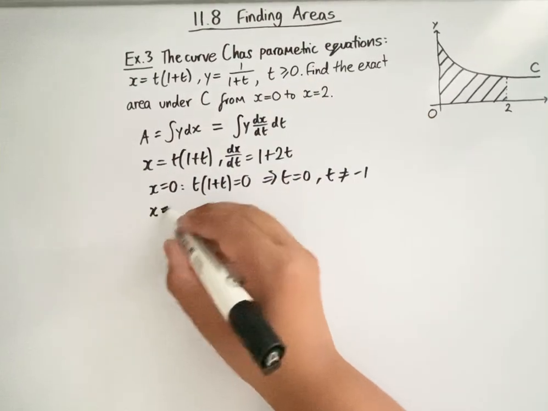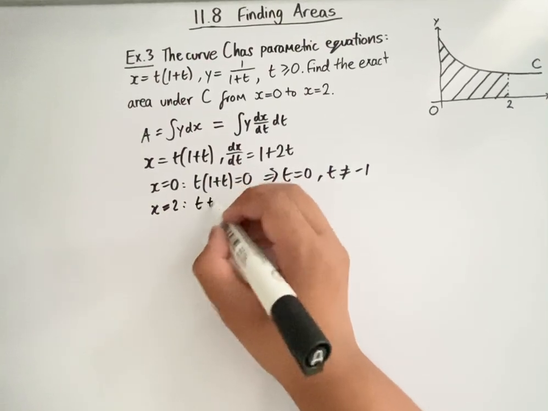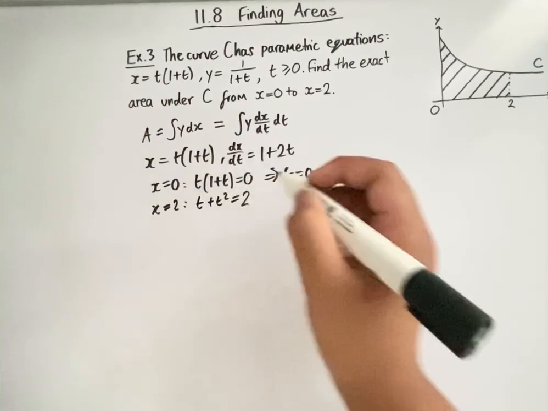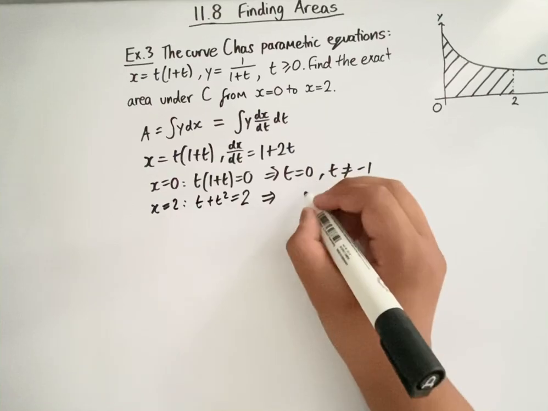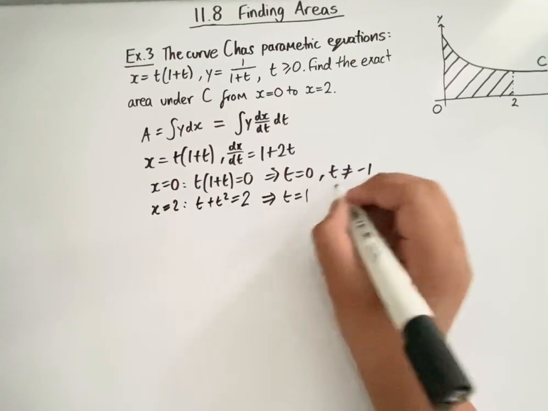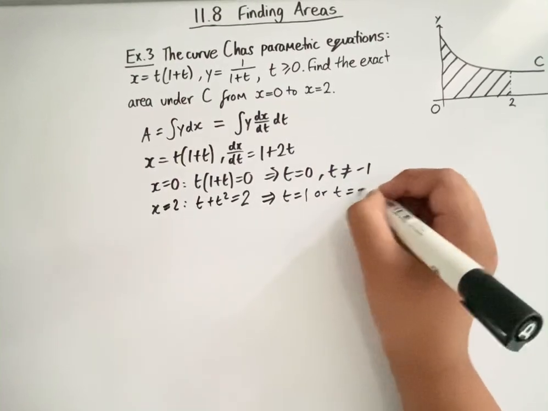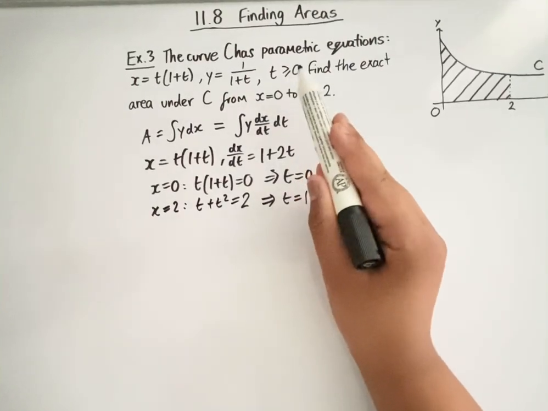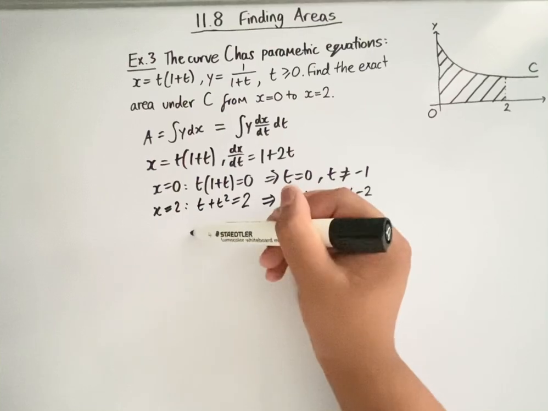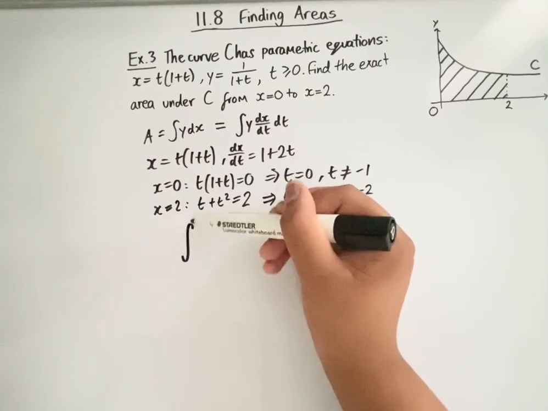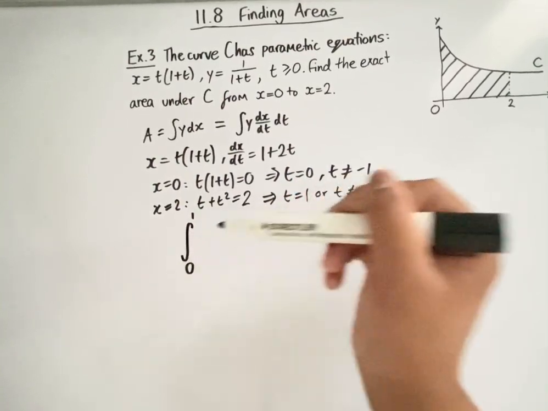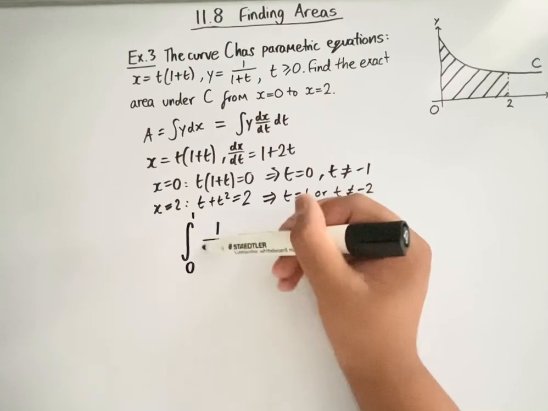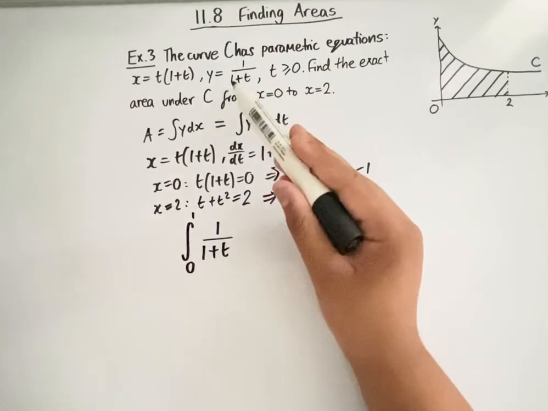When x is equal to 2, that means that t plus t squared is equal to 2, which gives the solutions t is equal to 1 or t is equal to minus 2. But t cannot be equal to minus 2 because t has to be bigger than or equal to 0. So t is equal to 1.